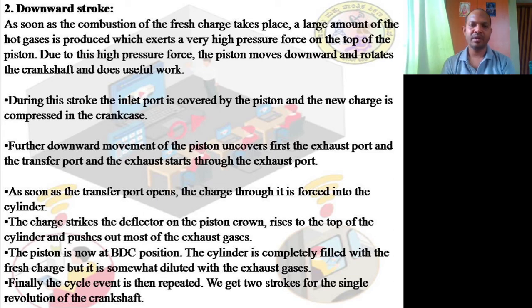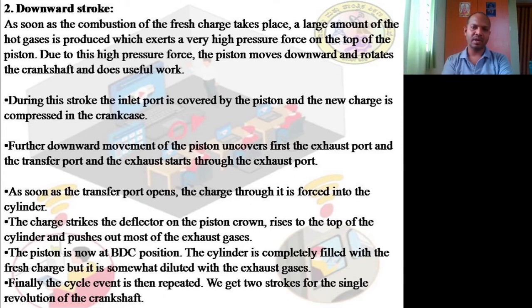Further downward movement of the piston uncovers the exhaust port and the transfer port, and exhaust starts through the exhaust port. That is, the smoke will start expelling out of the cylinder through the exhaust port. As soon as the transfer port opens, the charge through it is forced into the cylinder.